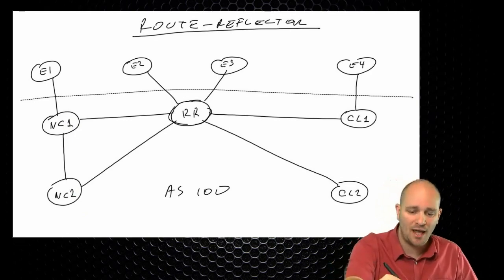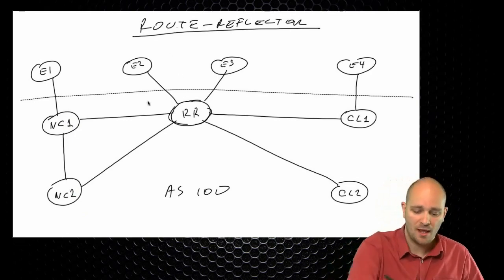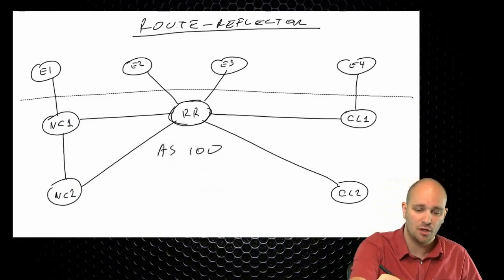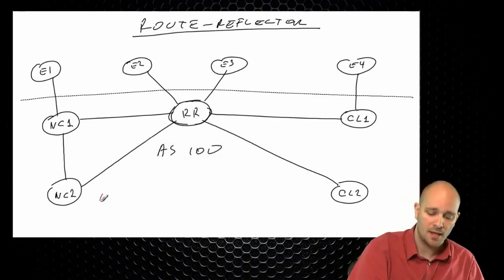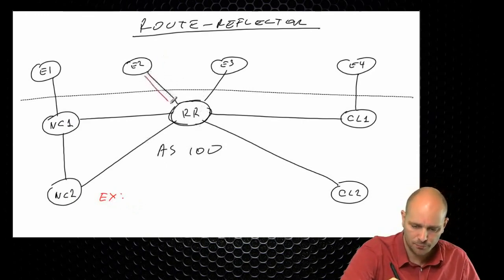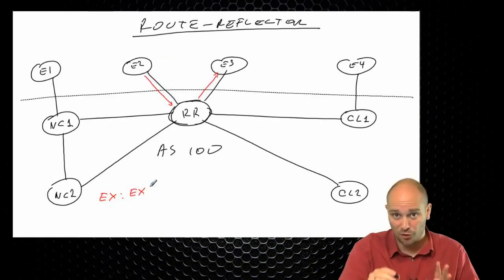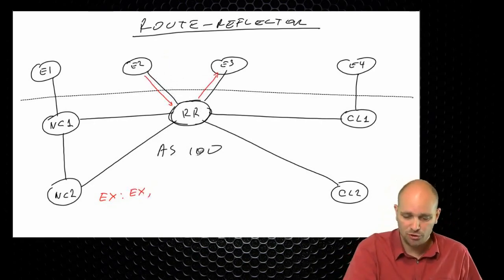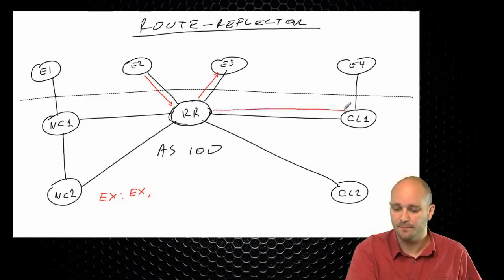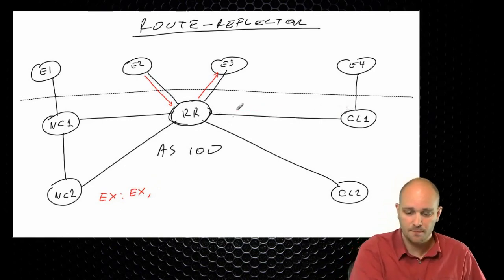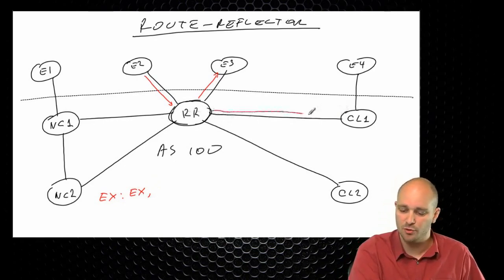Now, let's see what happens on the route reflector when it receives a route from an external peer. So the external peer sends the route to the route reflector. This route will be advertised to external peers. Oh, oops, sorry, this is the client. Yes, it will be advertised to clients.